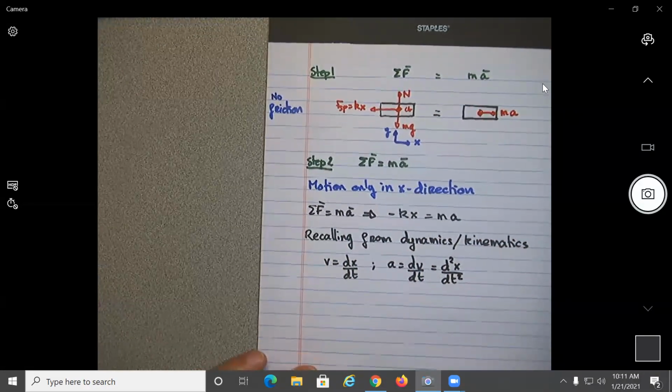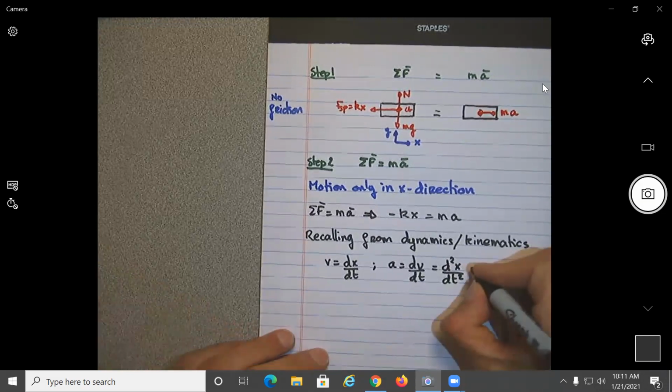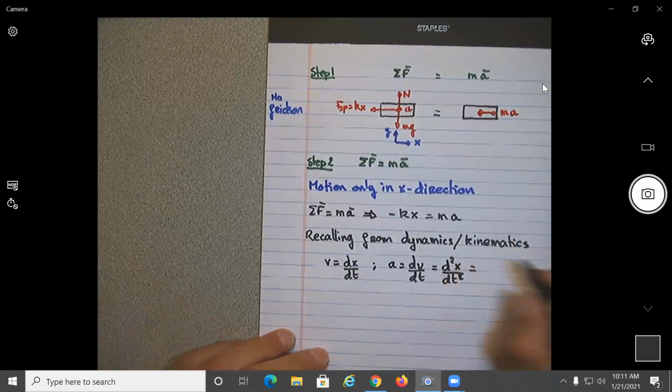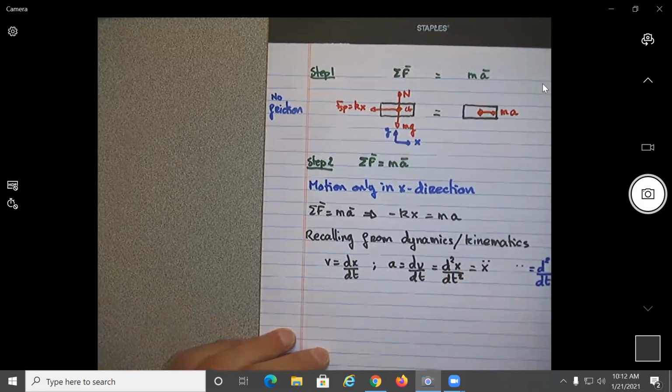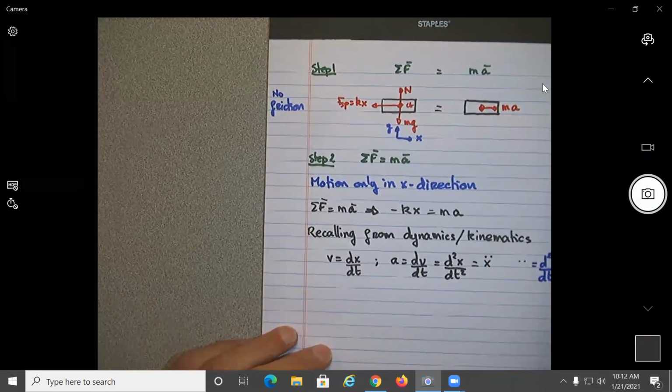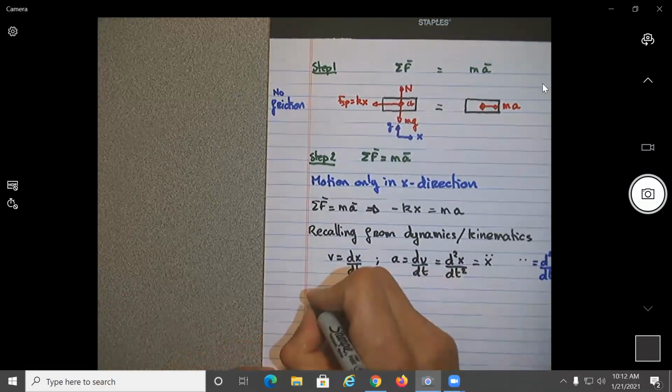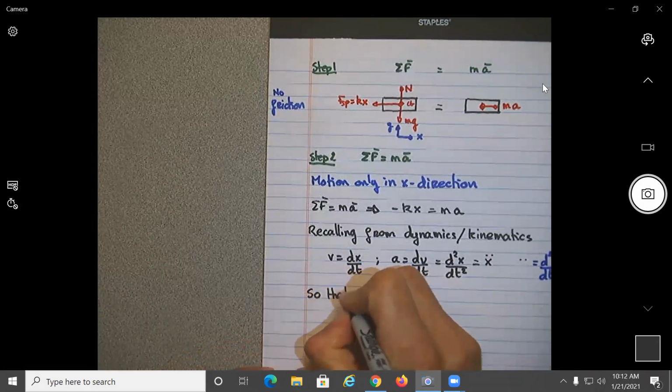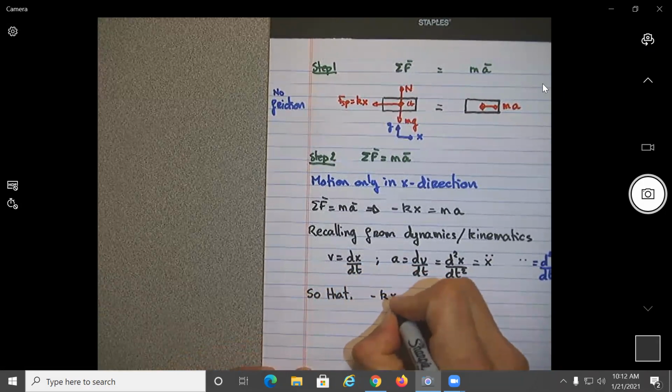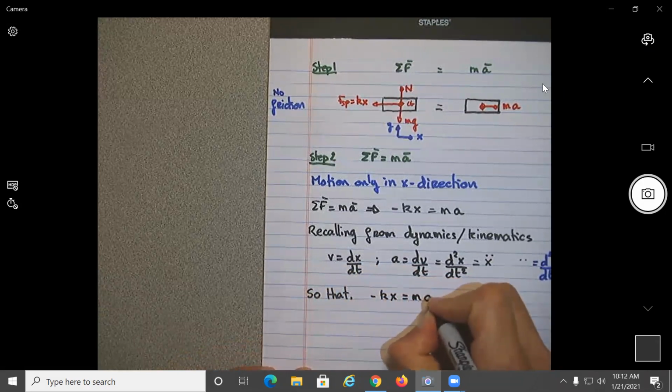Okay? And in vibrations, and as you have seen in other classes, the derivative with respect to time is indicated by little dots on top of the variable. So the little dots here indicate this. All right? Okay. So with this new notation, we have the equation minus kx equal to ma.